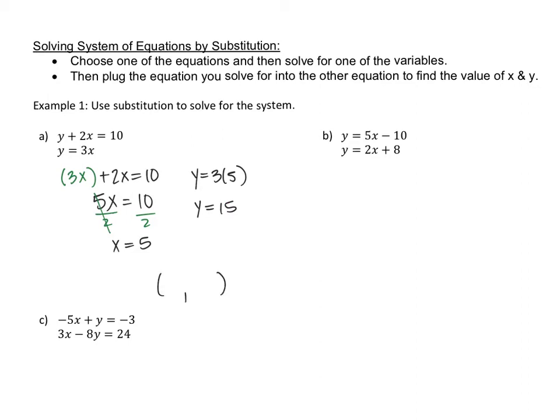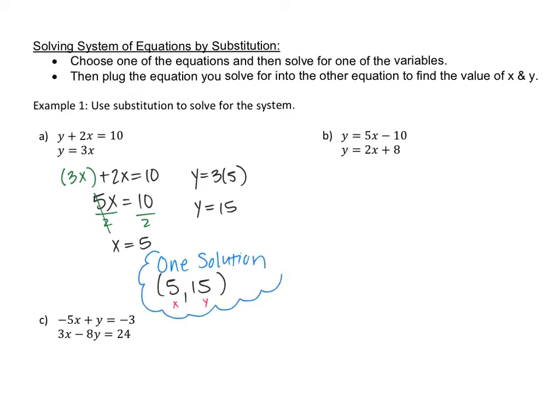My coordinate here is at (5, 15). Here's the x, here's the y. Because it's just one coordinate, these two lines intersect at (5, 15), which is the intersection coordinate. So there is only one solution because there's only one coordinate here.